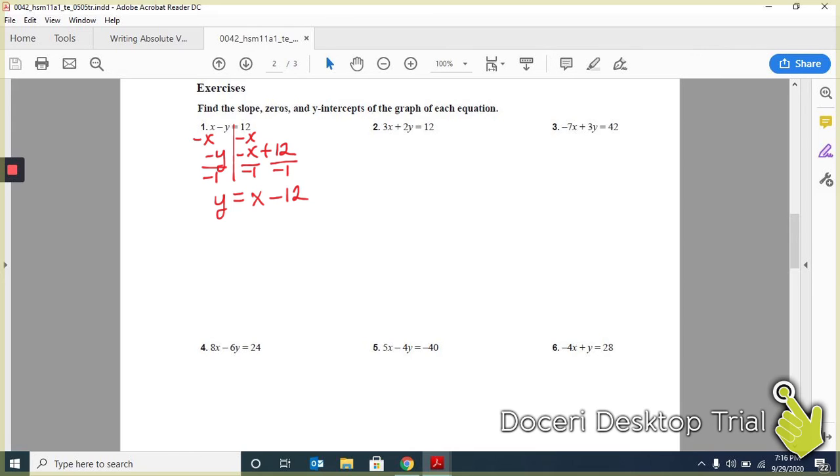I'm going to set them all to y equals first before I do anything else. So I would practice that first.